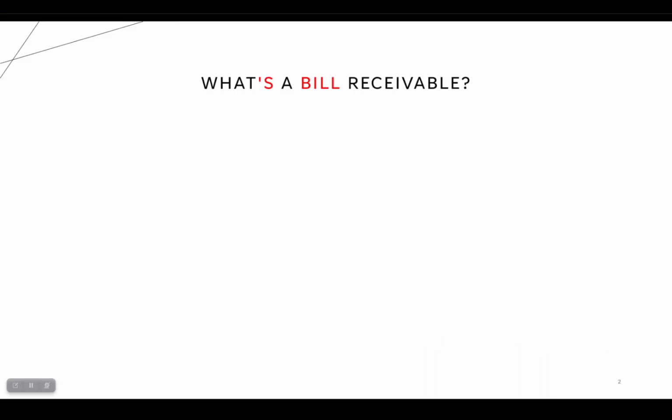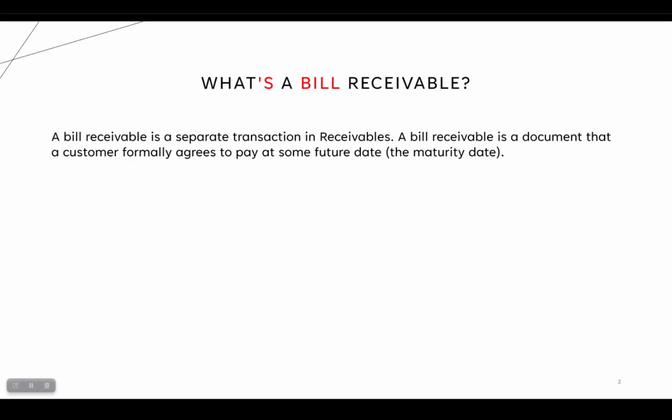First of all, what is a bill receivable? As you know, bill receivable is a separate transaction in the Accounts Receivable module. It's like a document in which a customer formally agrees to pay you or the organization, but at some future date, like a maturity date. It's like future-dated payments.